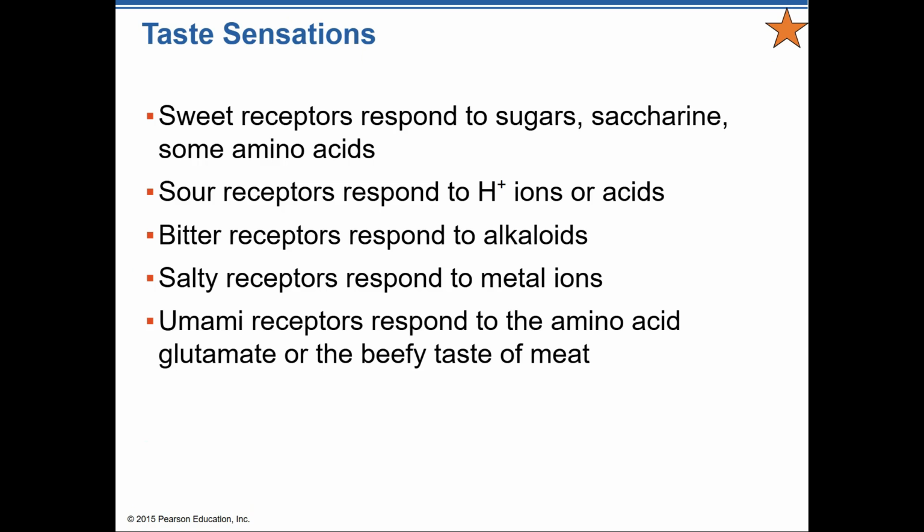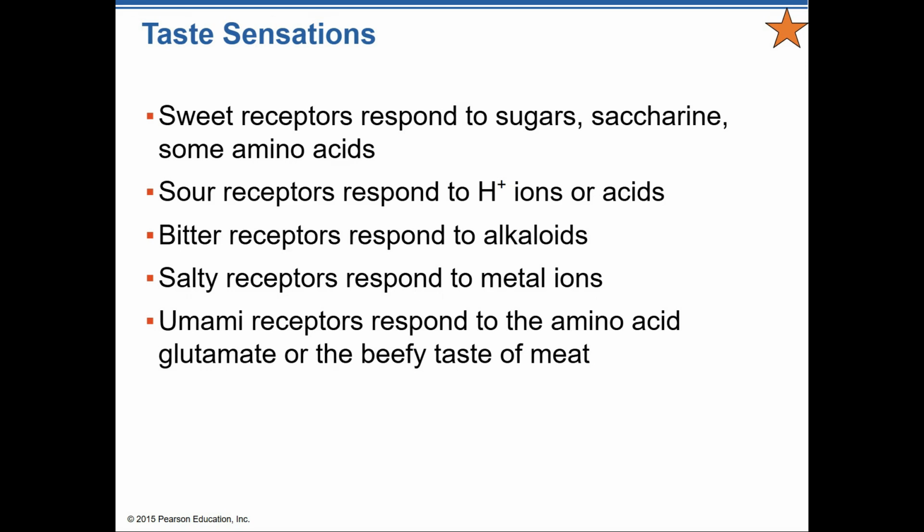Bitter receptors are going to respond to alkaloids, right? While salty is going to respond to metal ions. If we think about table salt, sodium chloride, that makes sense. The sodium is your metal ion there that the taste buds are going to actually respond to, which is why things like MSG, monosodium glutamate, taste salty, right?